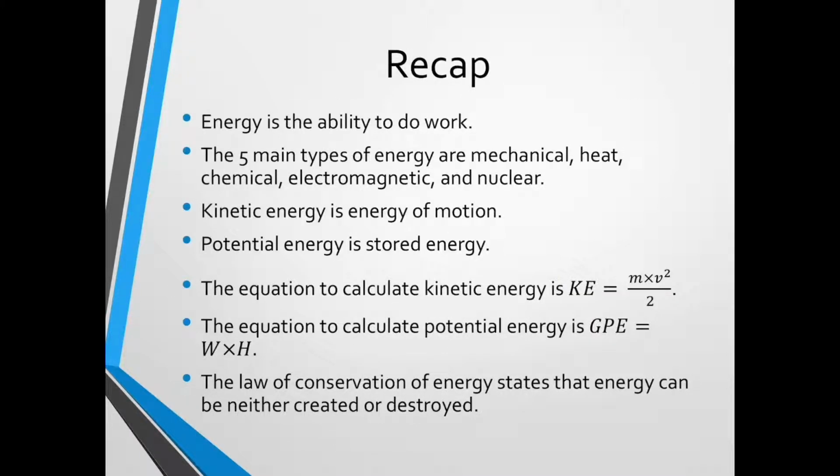So now let's just do a little bit of recap. We know that energy is the ability to do work. And we know there are 5 main types of energy. We've got mechanical, which is the energy of motion. We've got heat, which is temperature.